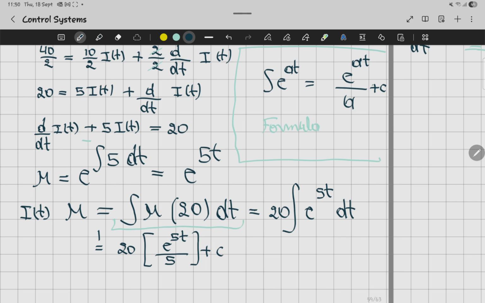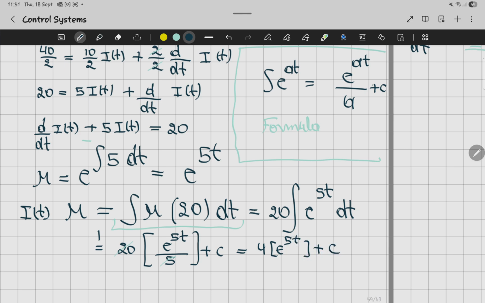Now you can see that we can simplify 5 and 20, which gives us 4, and then it's going to be 4 e to the 5t plus c.